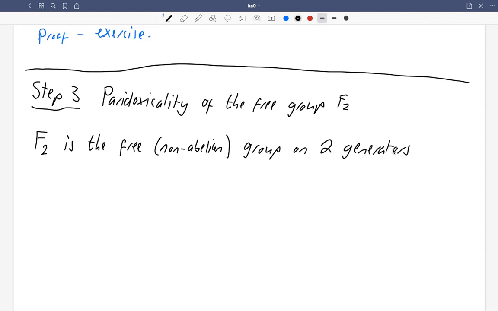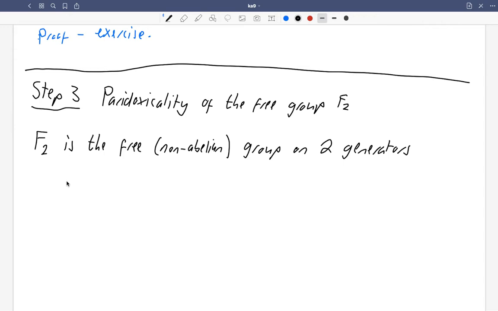So what that means is we're forming a group starting with two tokens or letters, let's call them little a and little b, that generate, so each of those is an element of the group.